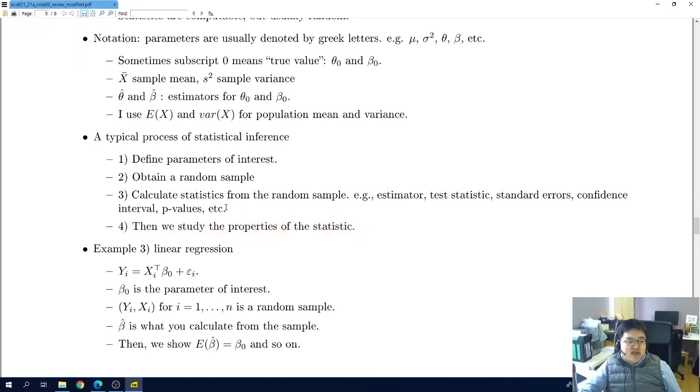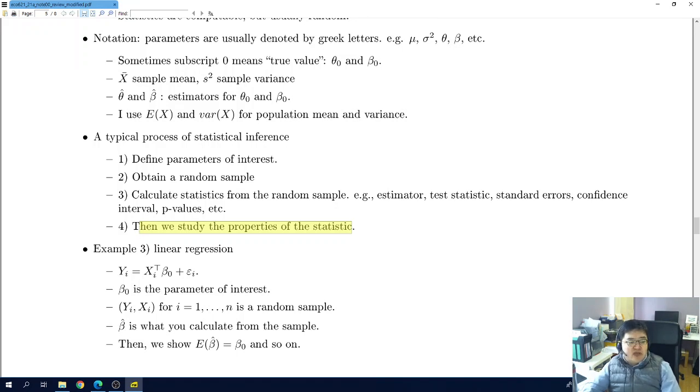And as I said, these methods have a longer history than the theory usually. So the theory follows the development of the method in the past, like 100 years ago. So there may be some inconsistencies in notation.